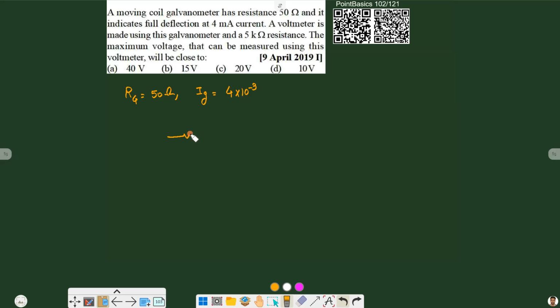So let's add this 5 kilo ohm resistance. Here we have galvanometer and these are our 2 points, measuring point A and B. Now we have to find out VAB, and we know that maximum current that can flow is equal to Ig. So Ig will be equal to VAB divided by the total resistance, that is 5 into 10 raised to power 3 of the added resistance plus galvanometer's, it is 50.